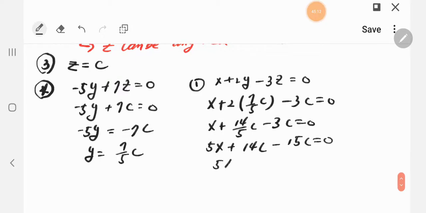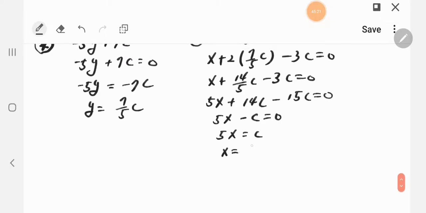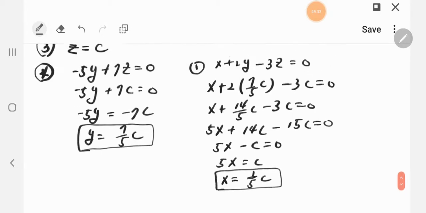Then 5x minus c is equal to 0. So 5x equals c. So finally, x is what? 1 over 5c. So we can rewrite each value of x, y, and z in terms of c.